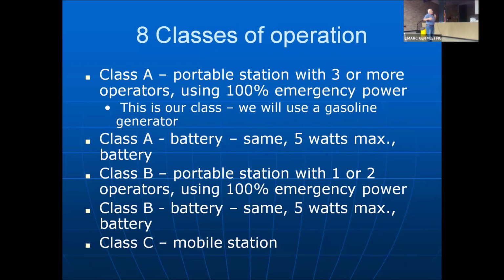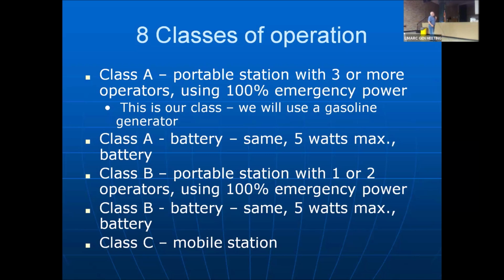The A is 3 or more people under emergency power. That's us. You can be battery, Class A battery. Class B is 1 or 2 people on a bicycle or portable under emergency power.